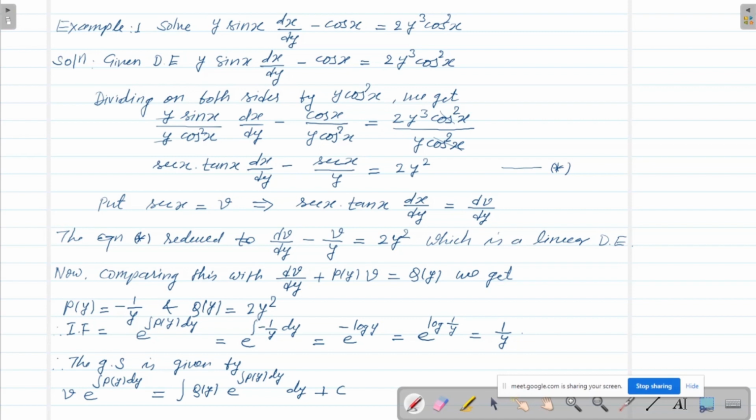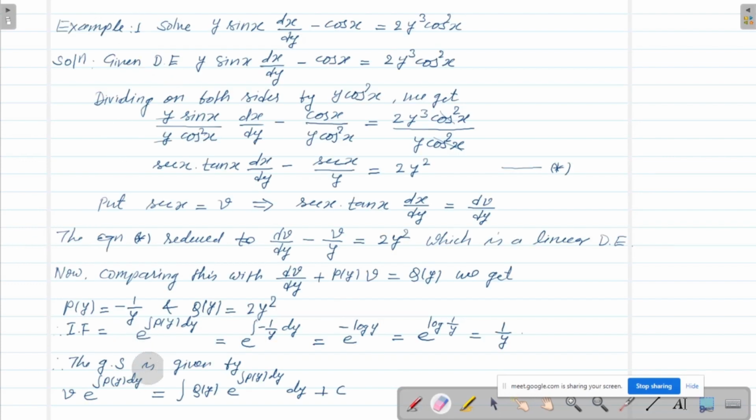So let us move to the next page. We write here v as it is, e raised to integration of p of y, we found the value of this, 1 upon y.